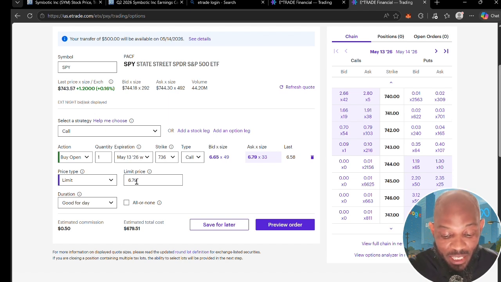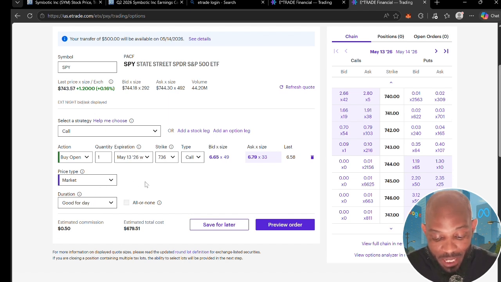That's kind of a catch-22, because if the stock price is going up, the contract price is going up too. You say I want it only at 679, and now they're selling it for 680, and your transaction just sits in the queue. So it's important to make sure your transaction is good for the day.